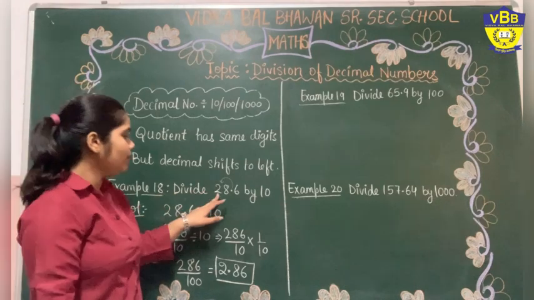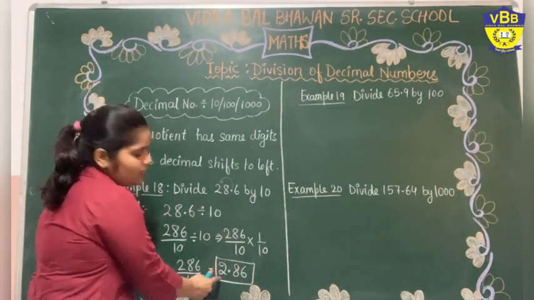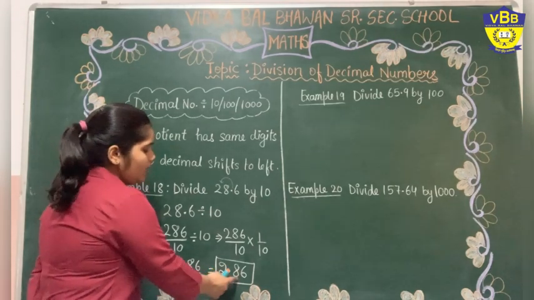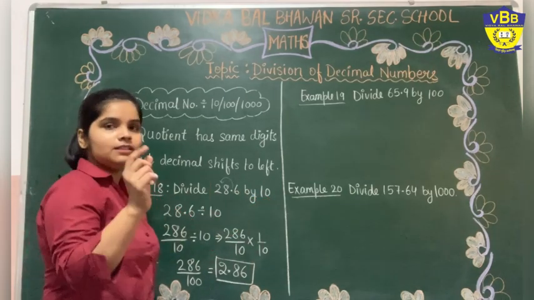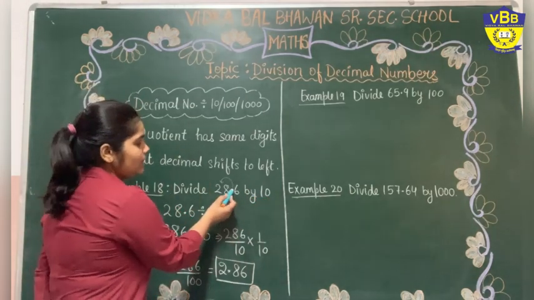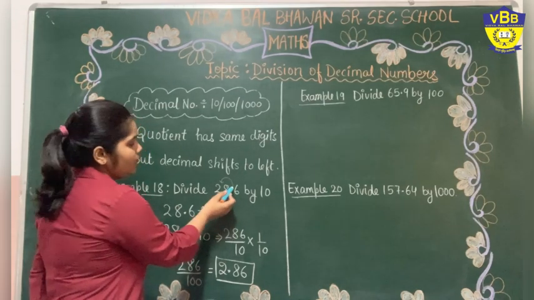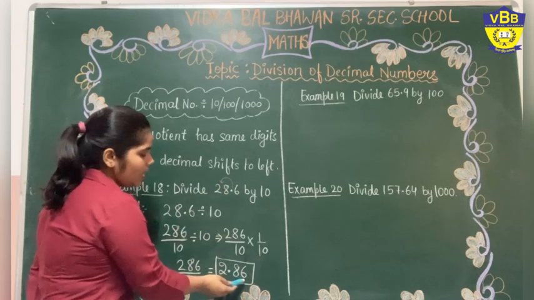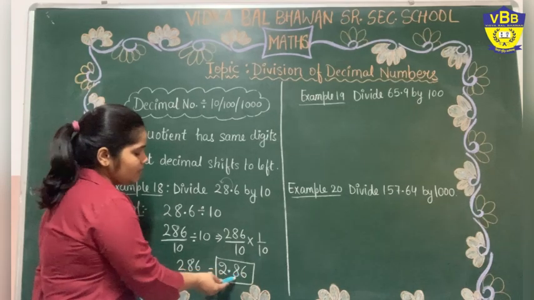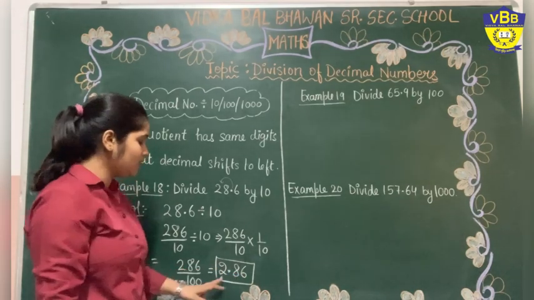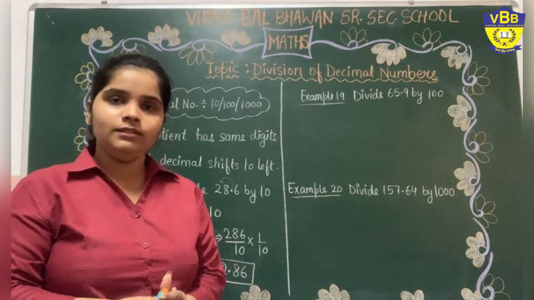You can see 28.6, 286 are the digits and in the answer the digits are also the same, 286. It's just that we are dividing it by 10, which has 1 zero. So the decimal, which was placed after 1 decimal place, shifts to the left side and is now after 2 decimal places. The answer becomes 2.86. I hope this is clear.